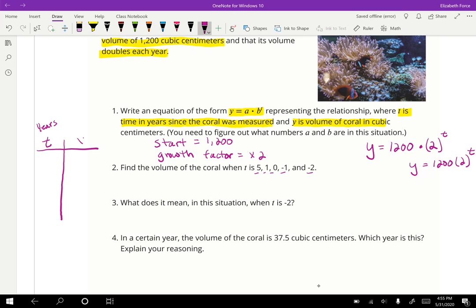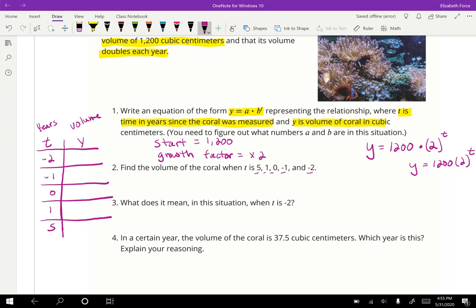So even though they have a y here, this is your volume. That's your dependent variable. And I will start with -2 in my table. They want -2, -1, 0, 1, and then they want you to skip a little bit and go up to 5.